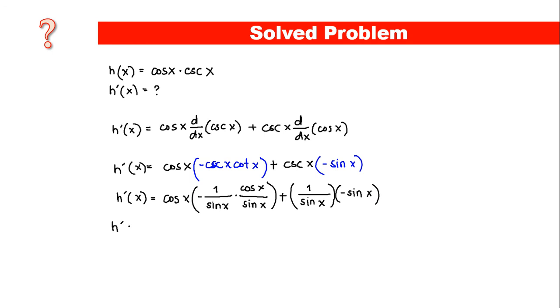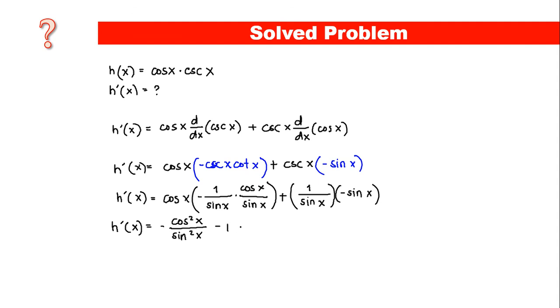So, simplify pa natin, ang h prime of x will now become equal to negative cosine squared x, nagsama-sama na yung numerator, divided by the sine squared ng x, minus sine x divided by sine x ay negative 1.